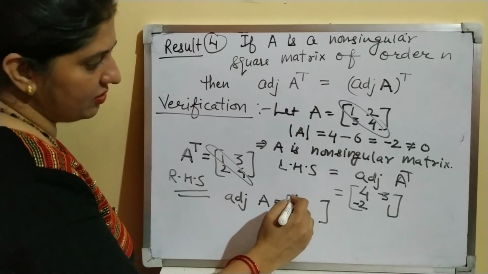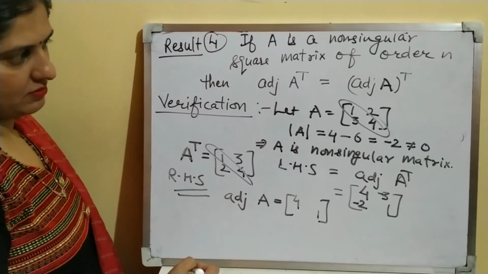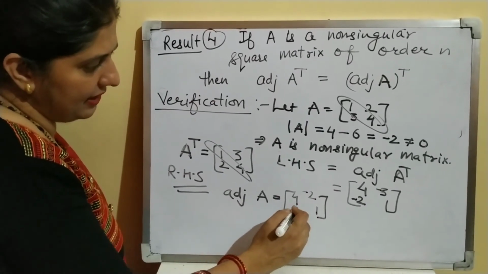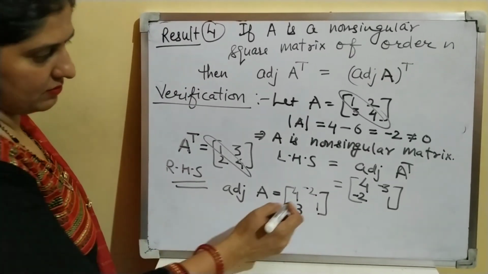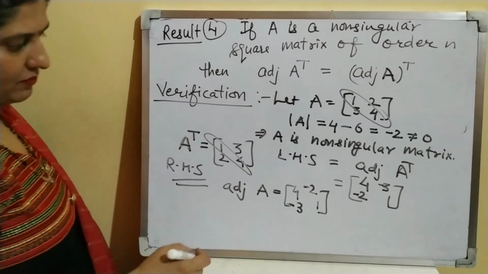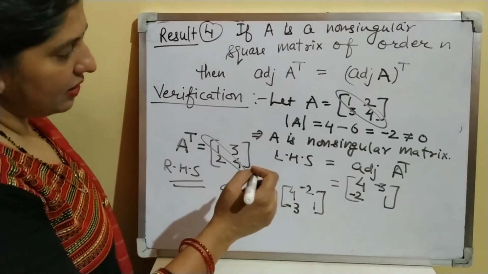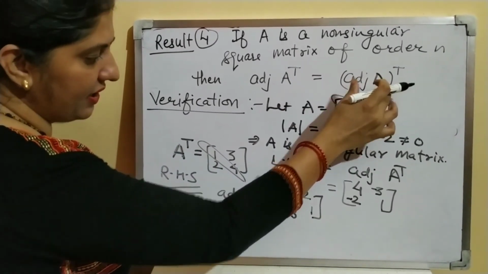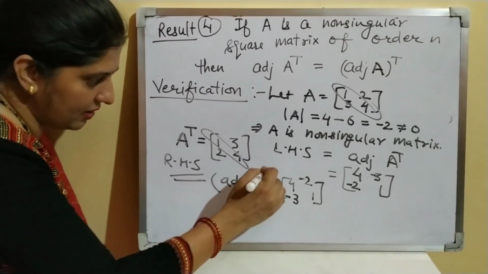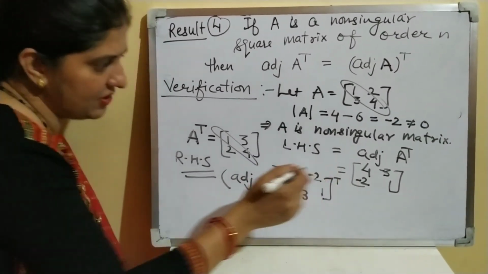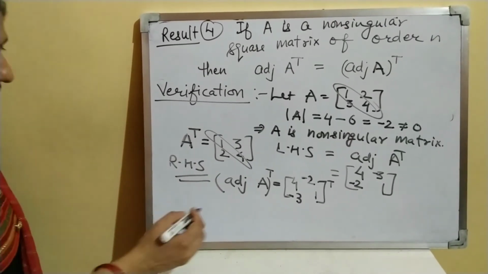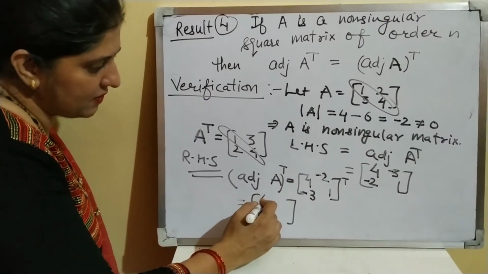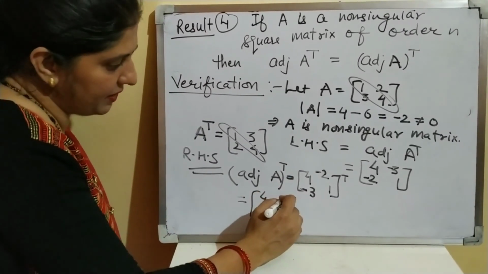Just interchange the diagonal elements and change the sign of the non-diagonal elements. Now for calculating the right hand side, we have to take the transpose of the adjoint of A. So just take the transpose of this matrix. We get the first row becoming the first column, the second row becoming the second column.